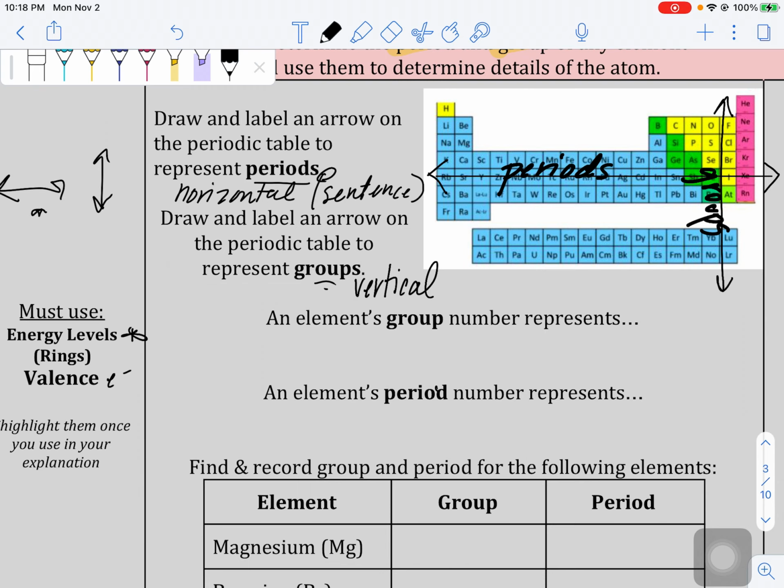Punctuation mark is a circle. So essentially, what periods are telling us about on the periodic table is an element's energy levels. So periods represents the number of energy levels for one atom.